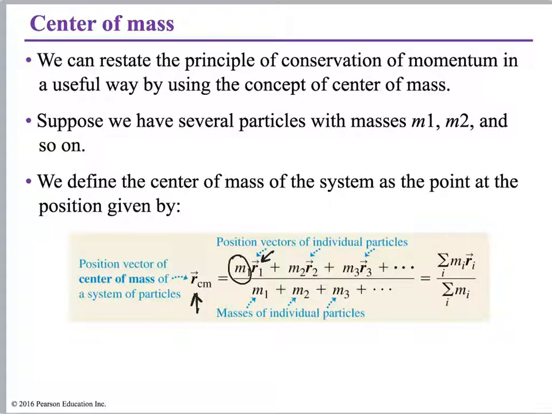Instead of just adding all the positions together, we take the product of each individual mass and its position, add those together, and then divide by the total mass. This is a more concise way to write it, using the summation signs. Remember, that means adding. So adding over all the individual objects is the same thing as what we see over here.